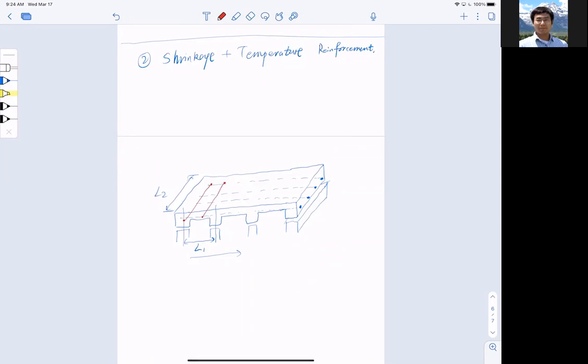You see that I did not put the bars into the web. The reason is that they're not for the beam girder in that direction. They're only for the slab, so I only put them into the slab.